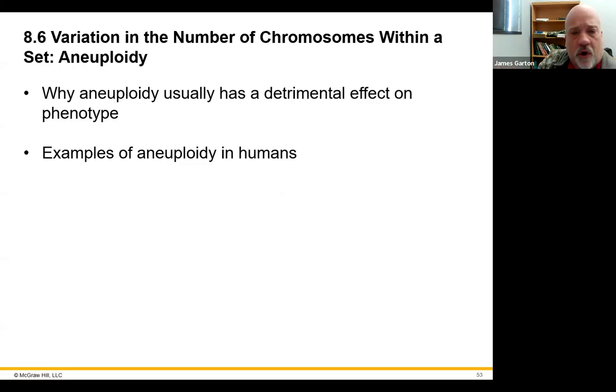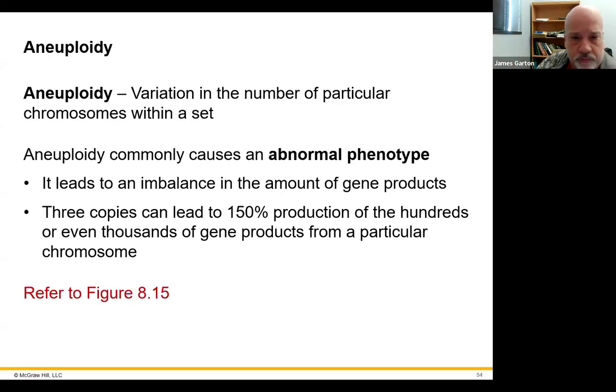Aneuploidy is almost universally bad. In aneuploidy, you have variation in the number of a particular chromosome, and it almost always causes phenotypic abnormality. The easiest way to explain it is that there is a dosage imbalance.